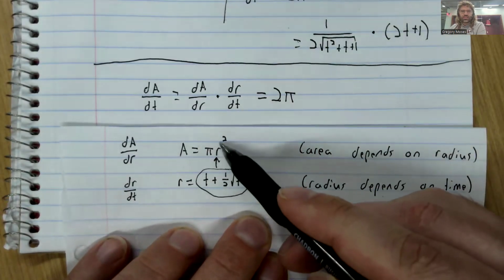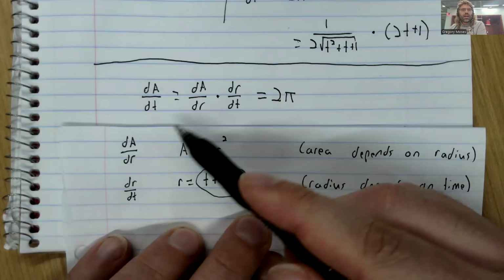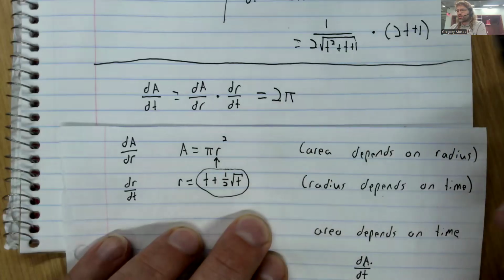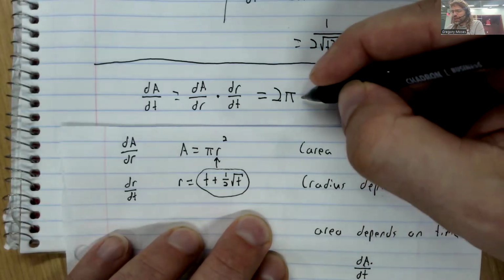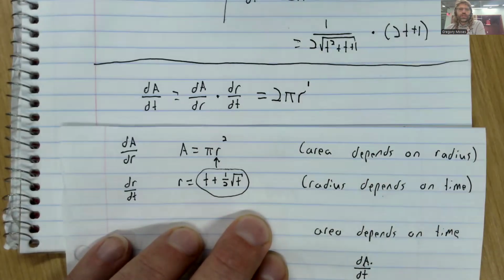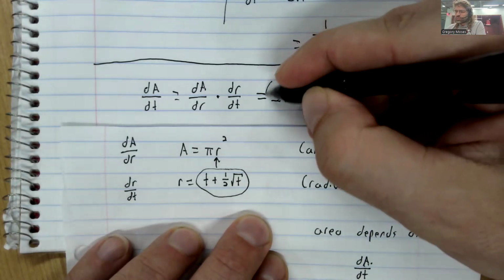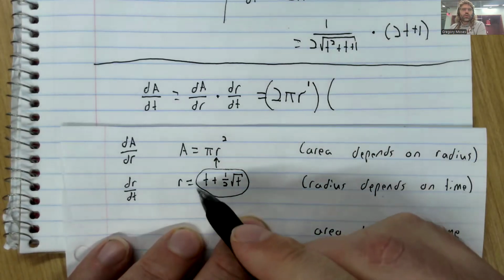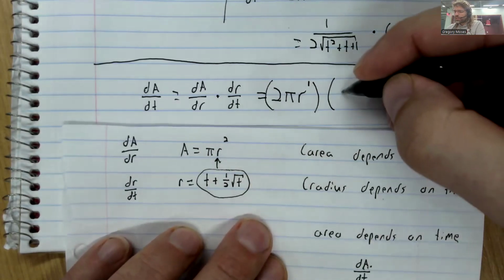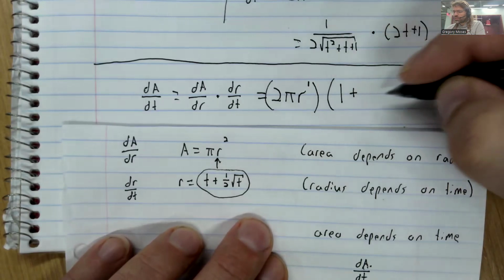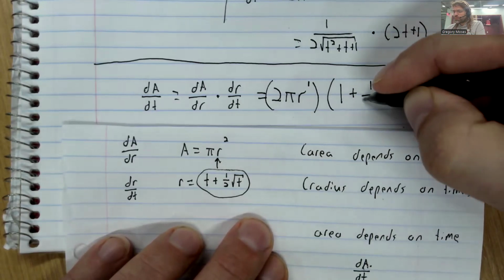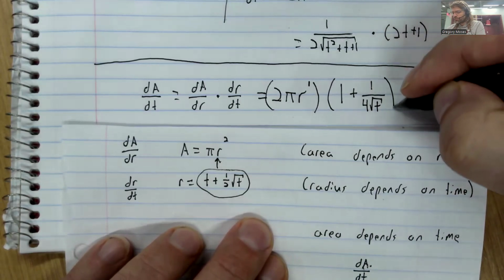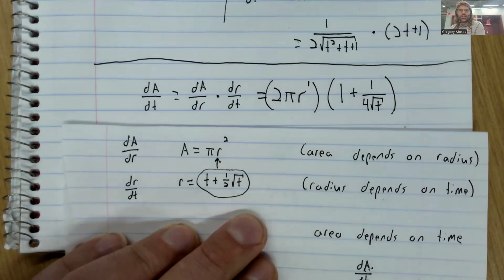It just sits there. dA/dr, we find using the power rule on pi r squared, we get 2 times pi times r to the first. dr/dt is 1 plus 1 over 4 the square root of t.